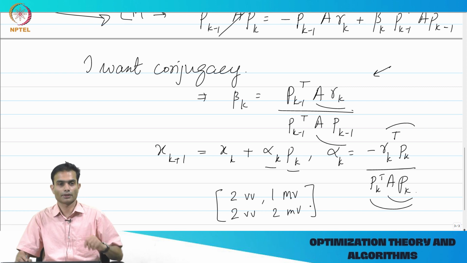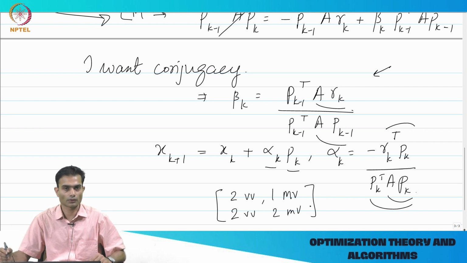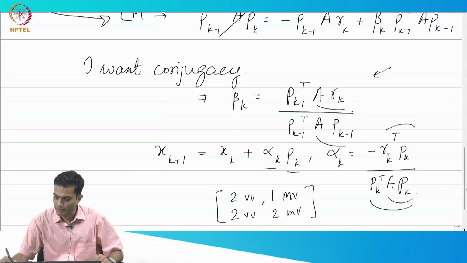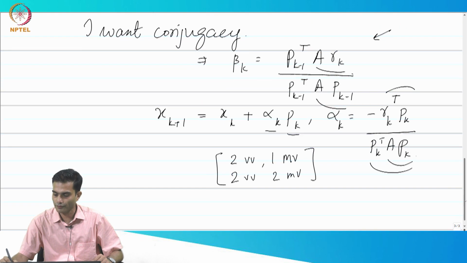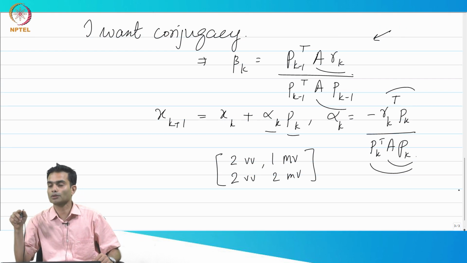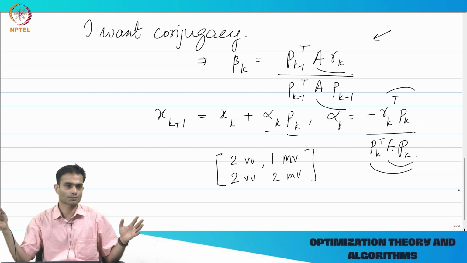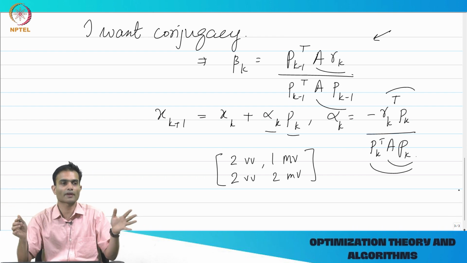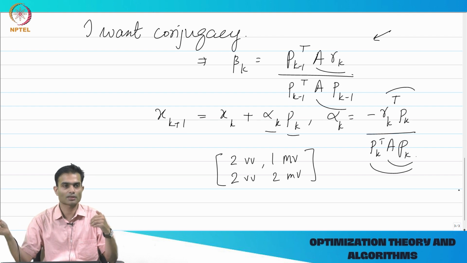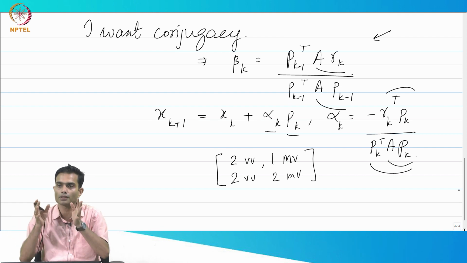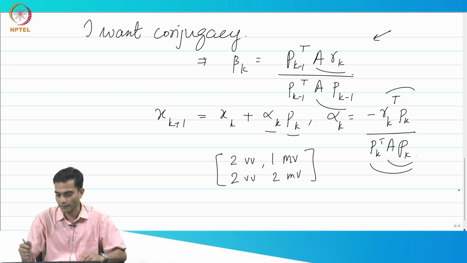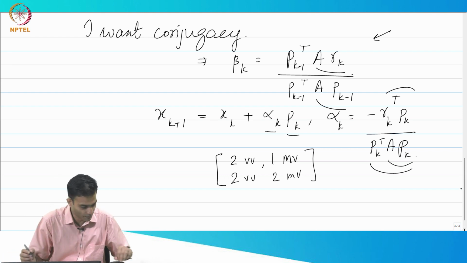This is what I need to do, just keeping track of the cost involved. As I mentioned earlier, if you have a way of evaluating a matrix vector product without storing the matrix A, that works very well for very large problems. There are some routines which allow you to evaluate the product of a matrix into a vector without storing the matrix A. So we keep track of the number of these products.